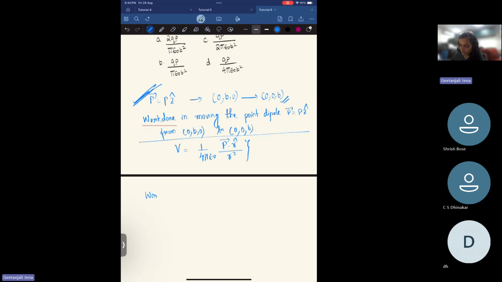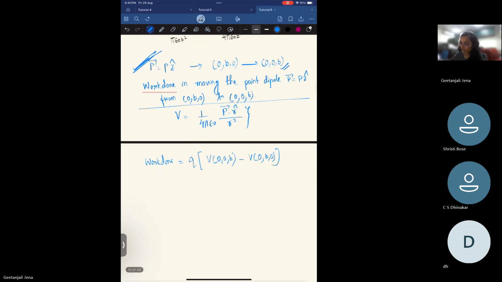So work done is Q times the potential at the final point 0, 0, b, minus the potential at the initial point 0, b, 0.